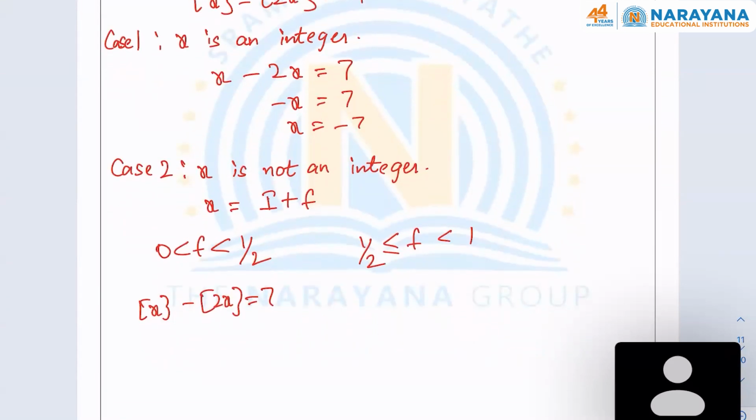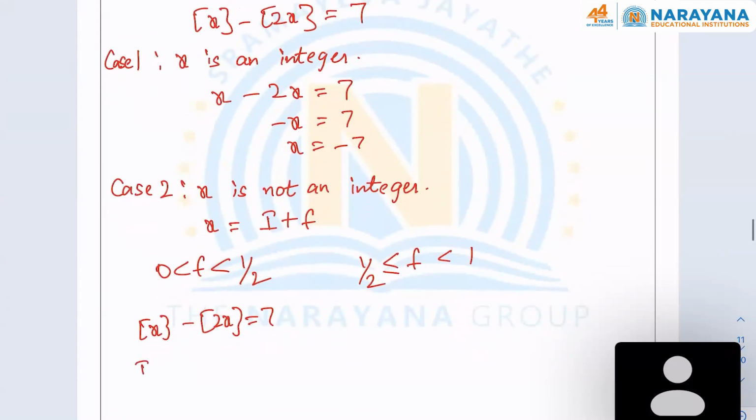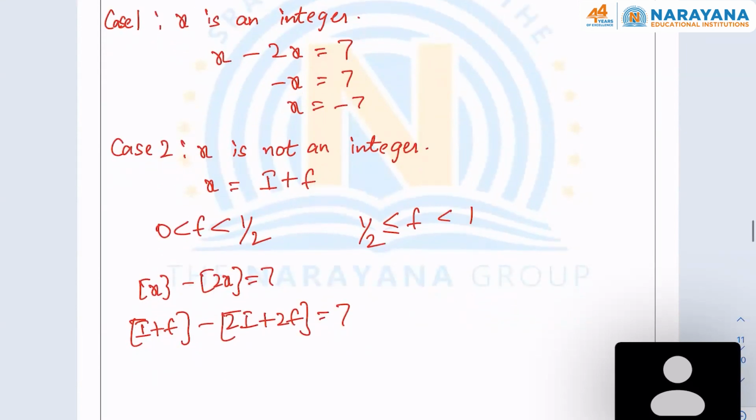So when f lies between 0 to half, step of x minus step of 2x is equal to 7. So step of x means I plus f minus 2i plus 2f is equal to 7. So step of I plus f is I, and here 2f, since f lies between 0 to half, means 2f lies between 0 to 1. So here we will get minus I is equal to 7.